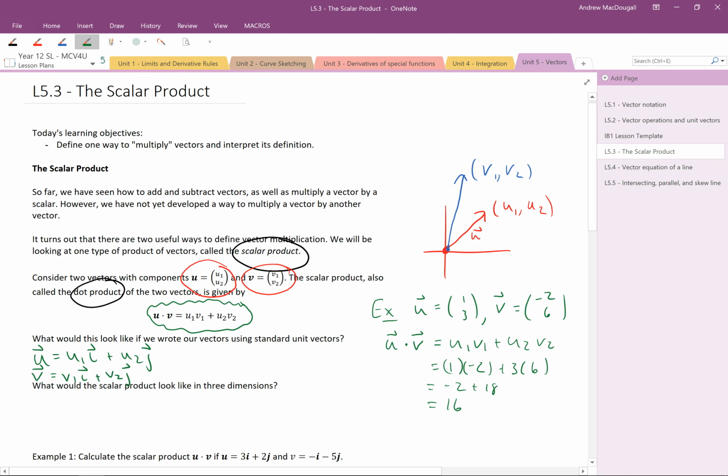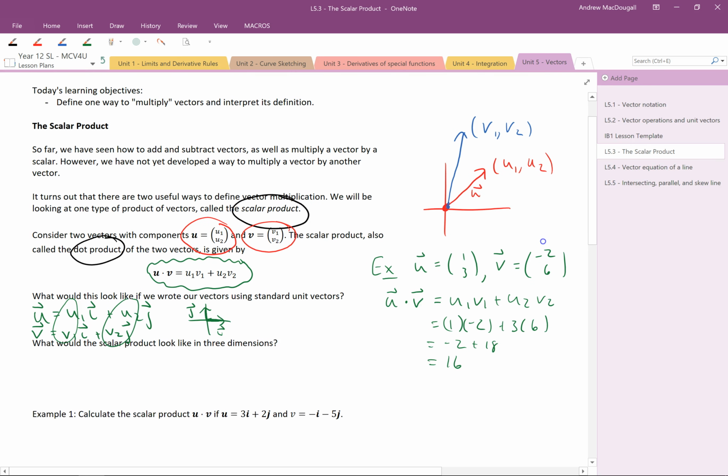And remember, i and j are just vectors that point one unit horizontally, that's i, and one unit vertically, that's j. And of course we can do u dot v here. You would get the same formula. So you multiply the two i's together, multiply the two j's together, and add them up.